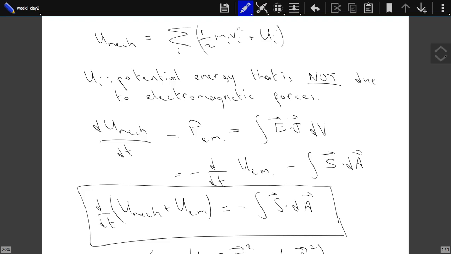That's the Lorentz force. And we will try to write that force as the time derivative of something else, which we will identify as the momentum of electromagnetic fields, plus some surface integral, which we will interpret as the flow of momentum through a given surface.